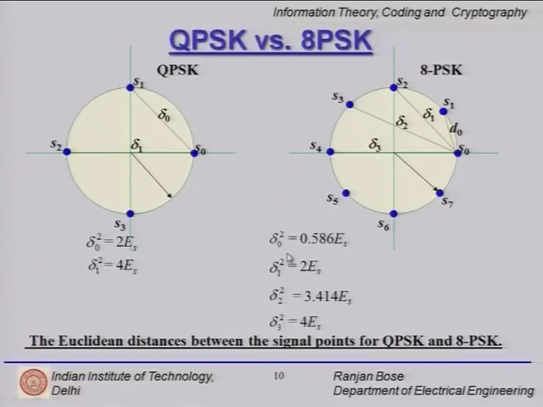So, the smallest distance possible, delta naught squared, is 0.586 ES, where ES represents the energy per symbol and the radius of the circle is square root of ES. Here delta 1 squared is between S0 and S2, same as delta 0 squared in QPSK, but we have 2 other distances, delta 2 and delta 3, listed here. So, this smaller distance leads to a higher error for 8 PSK.